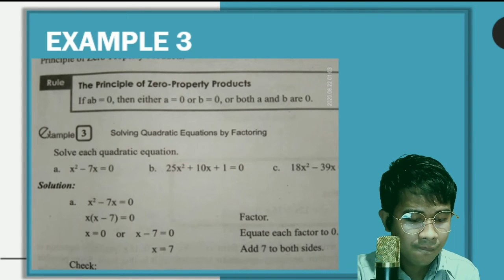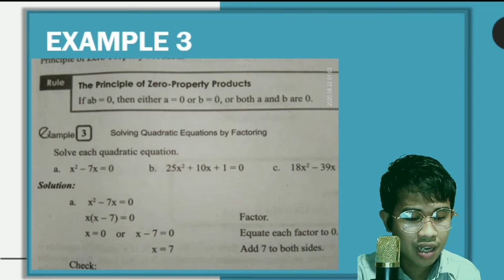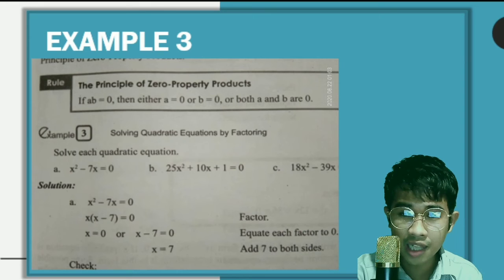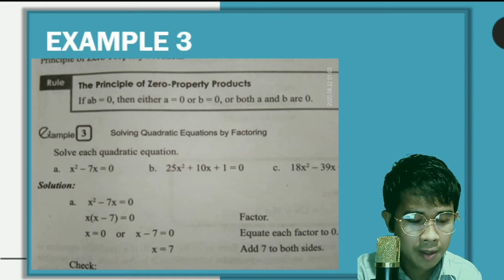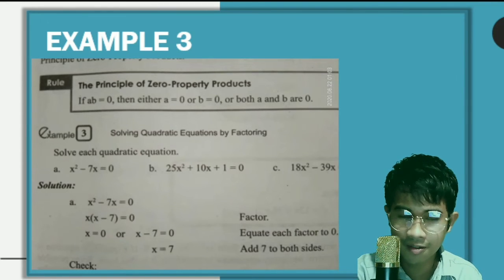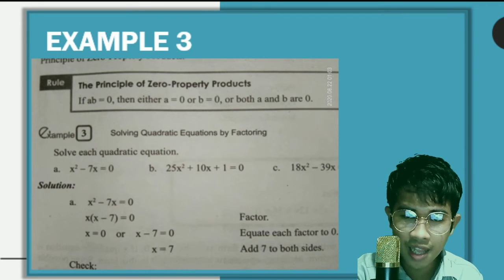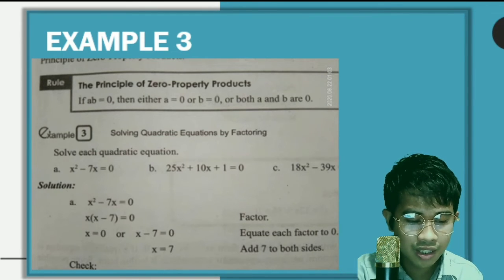And then, wala na ta nag-add x sa aton nga 7 sa aton nga step number 2. Kaya nga, ang factor sang negative 7x is x multiplied by negative 7. So, kung multiply ta ang x times negative 7, mangin siya negative 7x equal to 0.